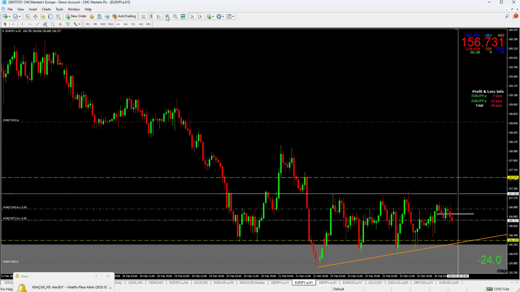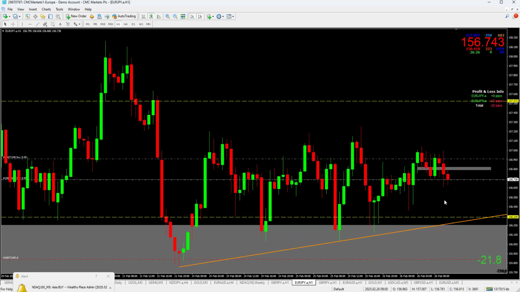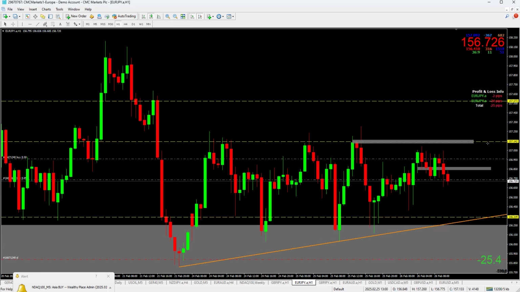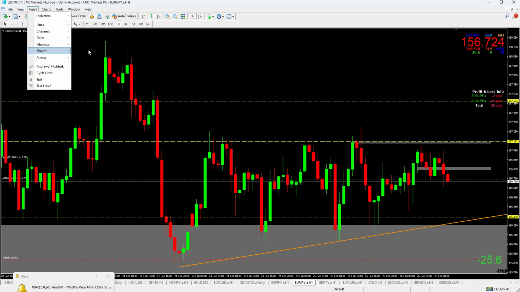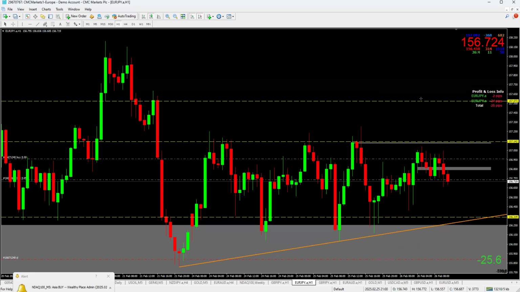With regards to our targets here, if we use structure or swing highs, that would be a target, as in TP and TP.